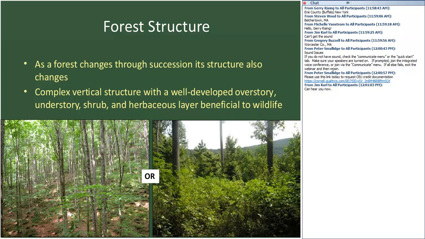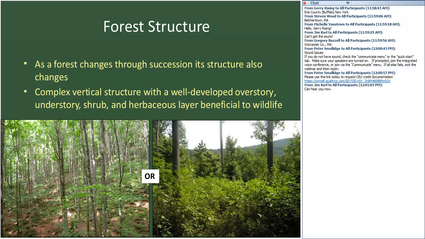So for example, you see on the left-hand picture on this slide, you can see that it's a pretty simple structure of the forest. There's not much understory. It's a very closed canopy. You have a lot of mature trees and not much in terms of ground cover or shrub cover or an understory forest layer.